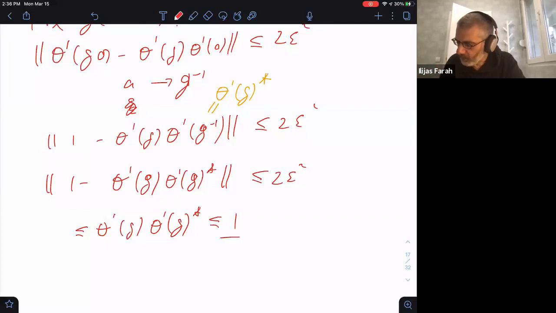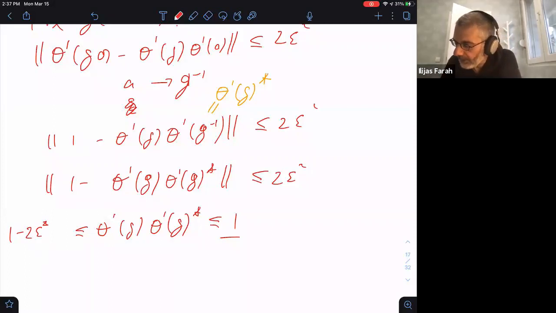Why is this less or equal than 1? Well, because if you look at the definition of theta prime, I'm just integrating unitaries. So you're integrating a function which everywhere has norm 1, so the norm can only drop below 1. So it's less or equal than 1, but it's greater or equal than 1 minus 2 epsilon squared.